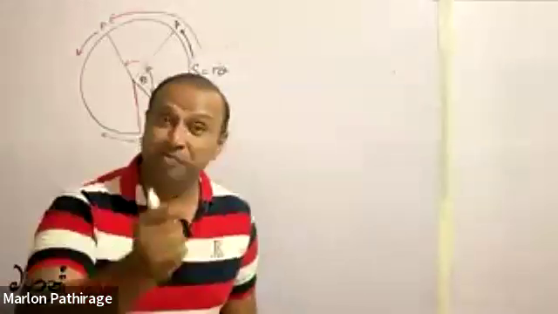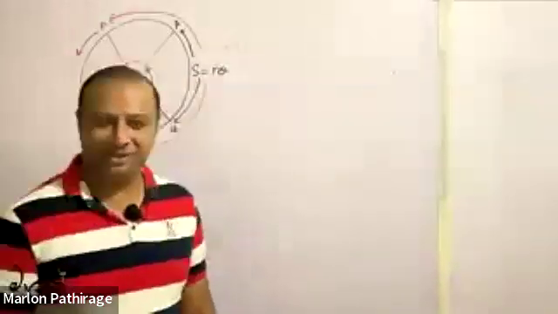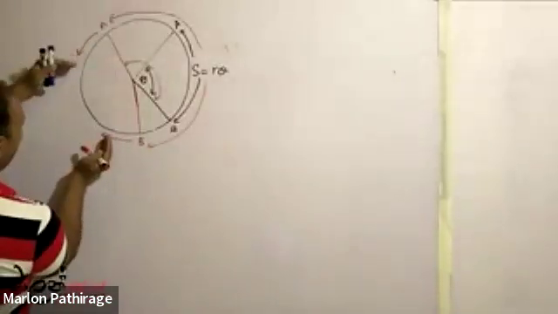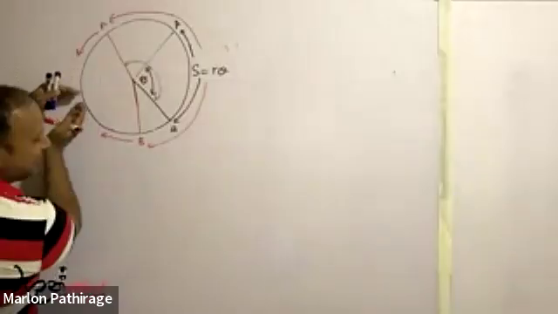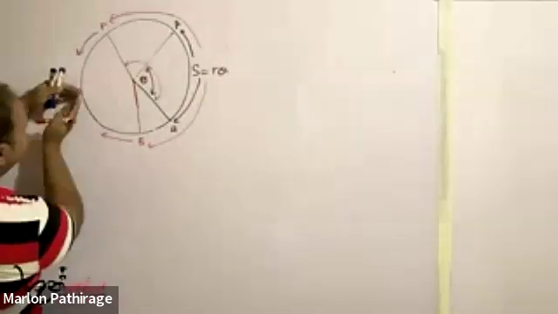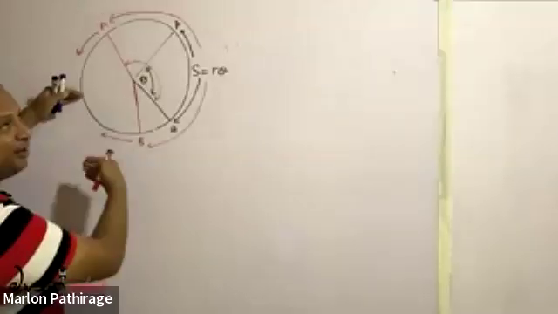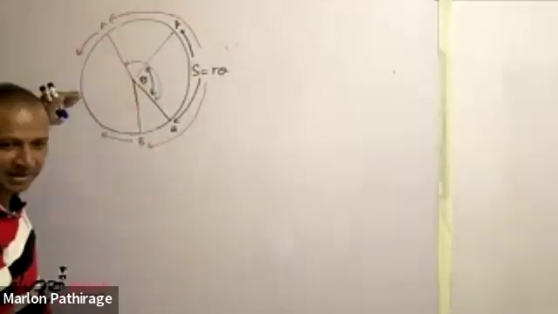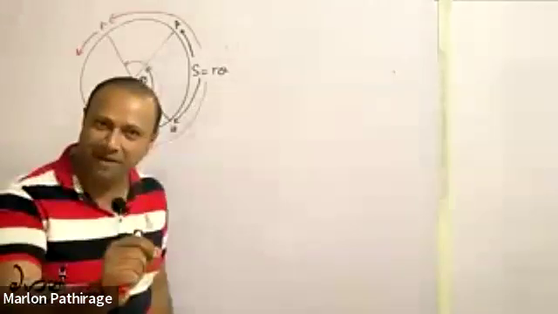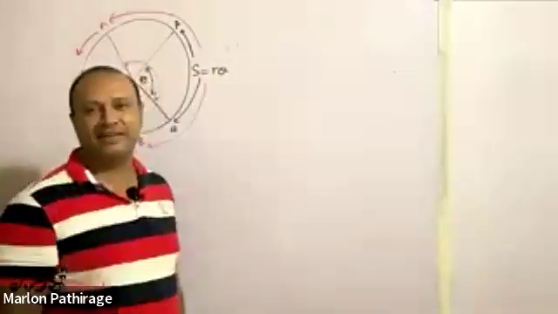It should be the circumference of the circle. When you increase the angle, there is a maximum limit to increase. That is the full circle. Therefore, the maximum arc length is equal to the circumference.